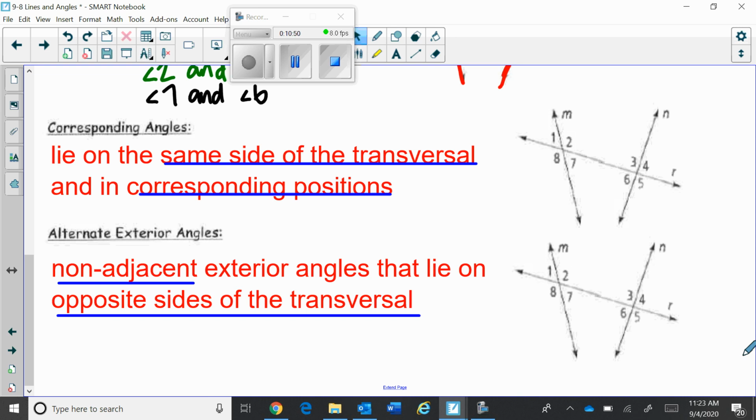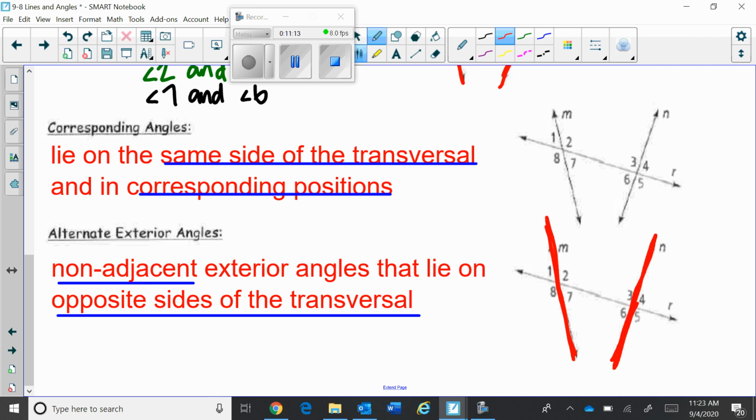I'm actually going to talk about alternate exterior angles, but go ahead and pause this video right now and write down these definitions. So looking at alternate exterior angles, we still have our 2 lines here. It's cut by a transversal.